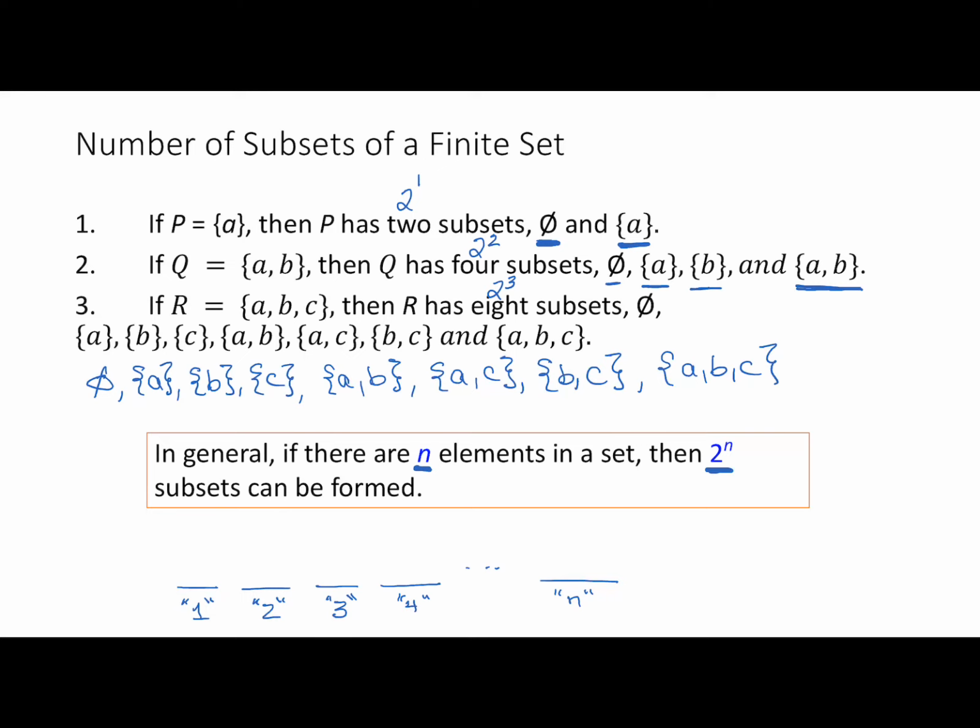If I wanted to find a subset of my set of the elements 1 through n, then for each element, I need to ask, is it in the subset or not in the subset? Well, that means there are 2 choices of what can happen. Either one is in my subset or not in my subset. And for the next element, I have 2 choices. It's either in or out, and so on.